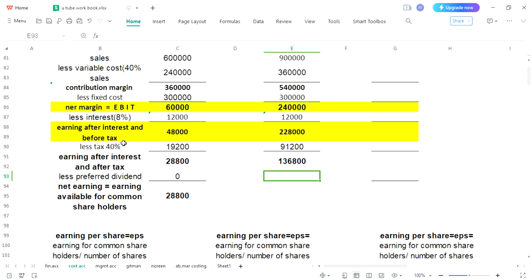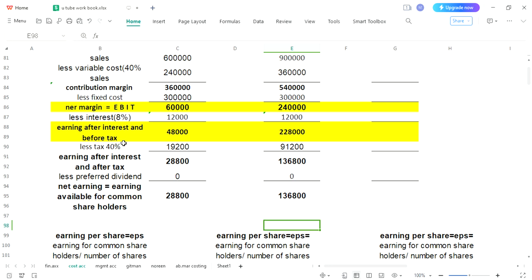Since in this question no preferred dividend is present, we are now open to calculate earning available for common shareholders by subtracting preferred dividend from previous earning. 136,800 earning after tax and interest, and you will subtract dividend, with which you have got your earning after tax, after interest and after preferred dividend.